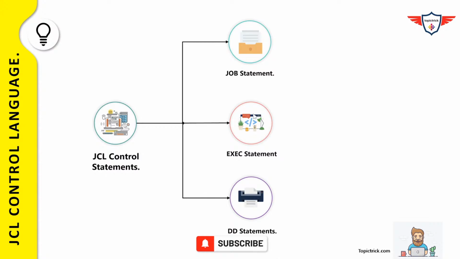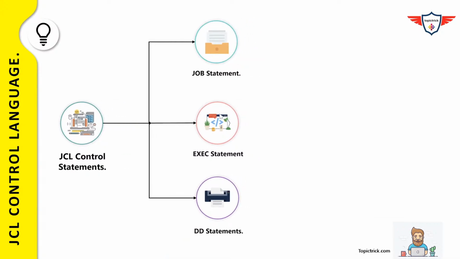The second statement is the execute statement, and it generally marks the beginning of a job step, and it is used to provide the program name or the proc that you want to execute. And the third statement is the data definition statement, or DD statement. These statements are generally used to provide information related to the input and output datasets.